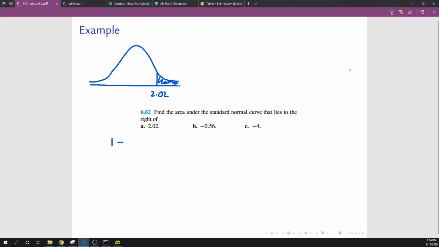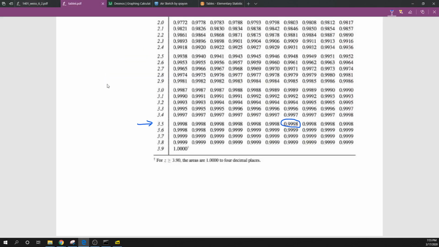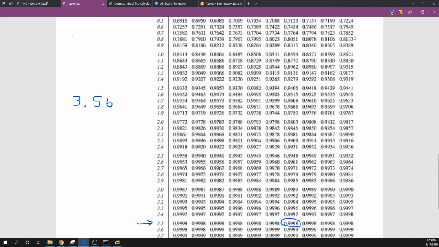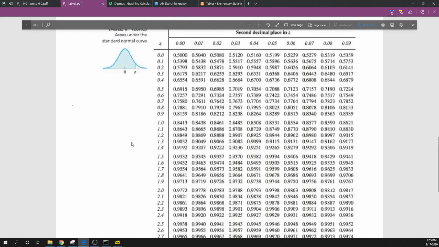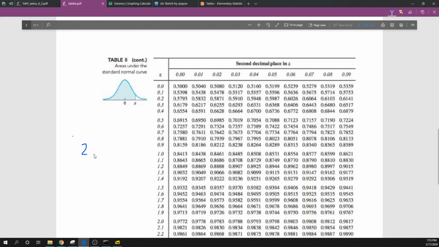All right, so we need to go to table 2, and we are looking up 2.02. Let me erase the numbers from the last video. The way you do that is look up the first numbers.